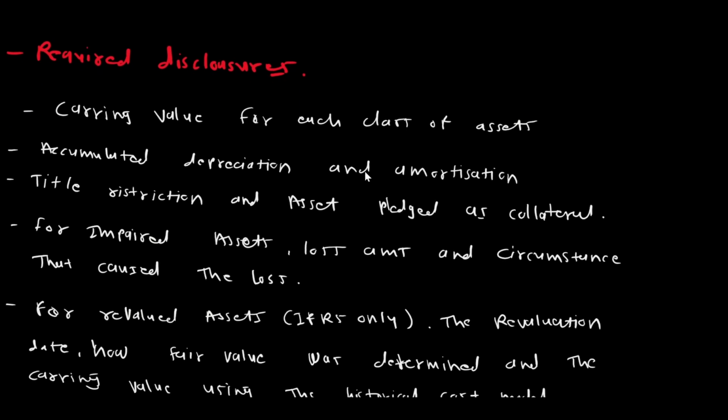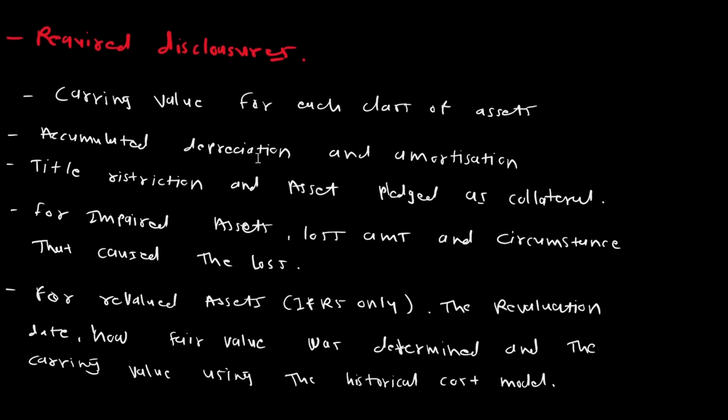Required disclosures. In the required disclosures, carrying value for each class of asset should be disclosed. Accumulated depreciation and amortization should be disclosed. Title restriction and the asset pledged as a collateral.